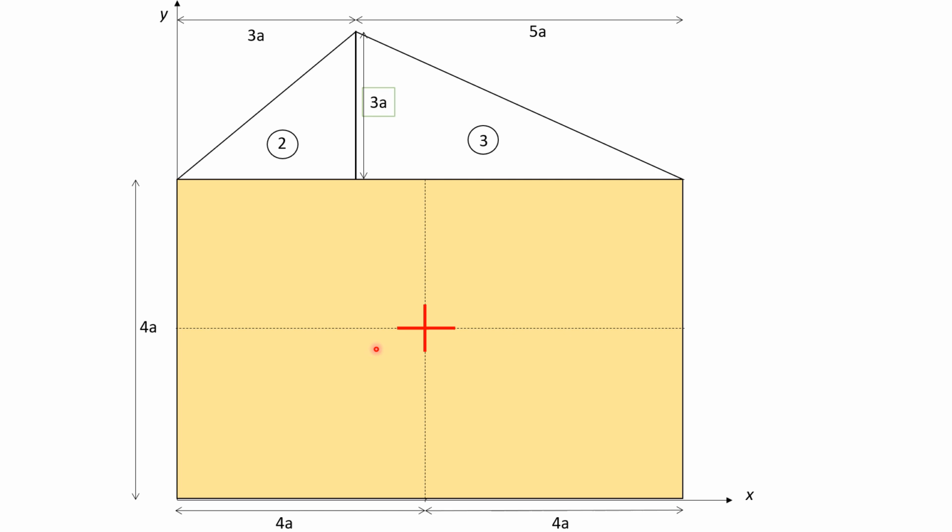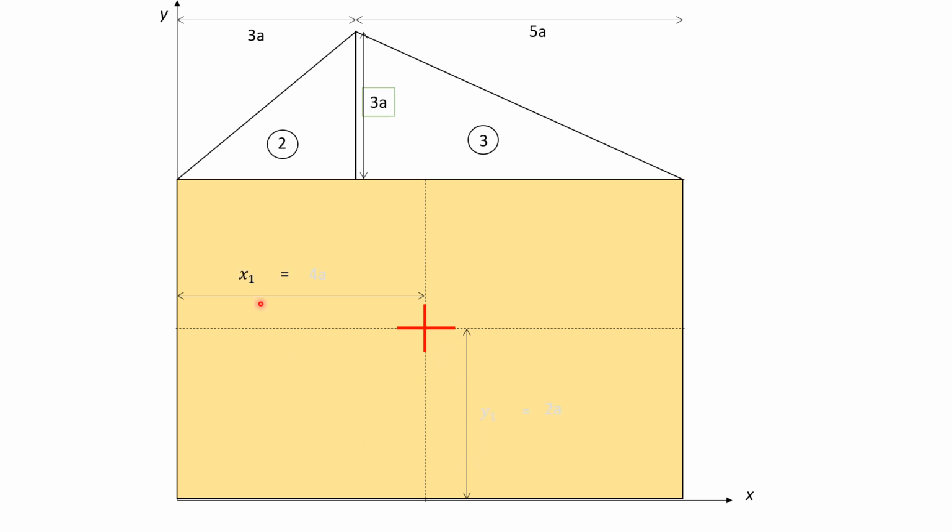The centroid of rectangle 1 is at a distance of this distance by 2, and at a distance of this distance 4a by 2. So x1 is equal to 4a plus 8a by 2, that is 4a, and y1 is 4a by 2, equal to 2a.